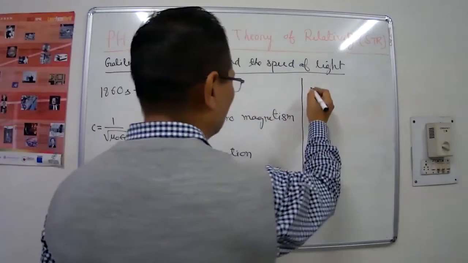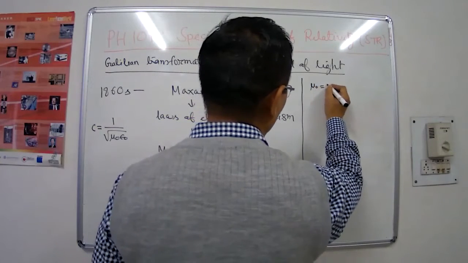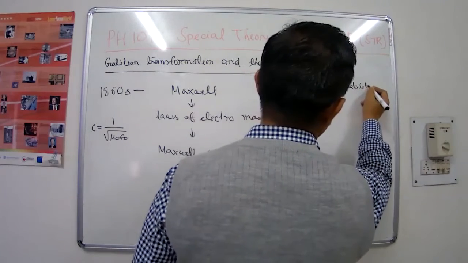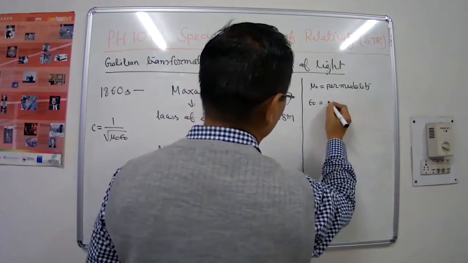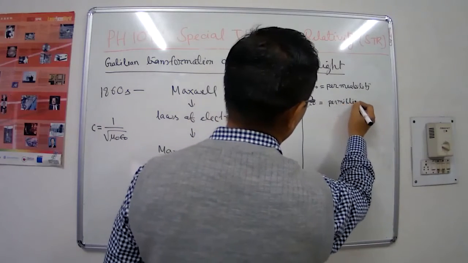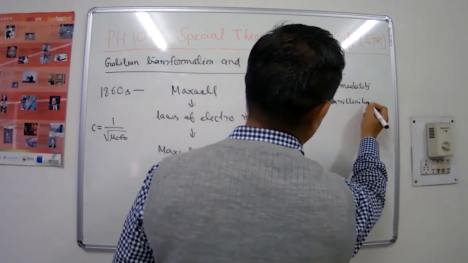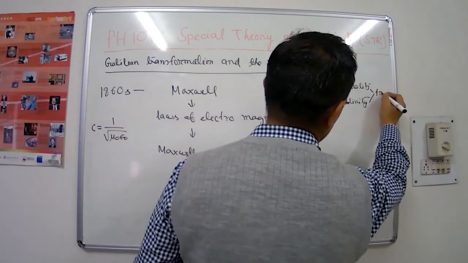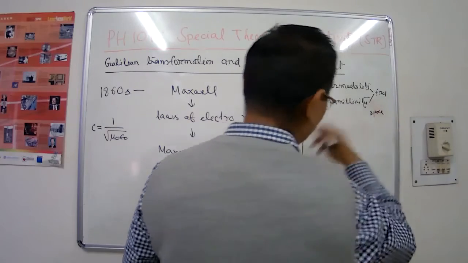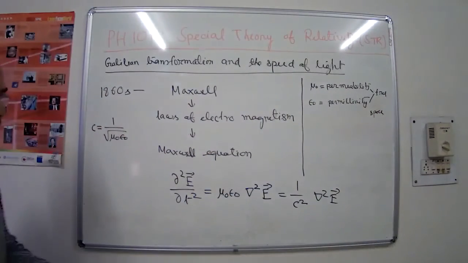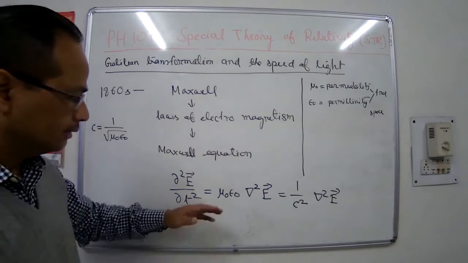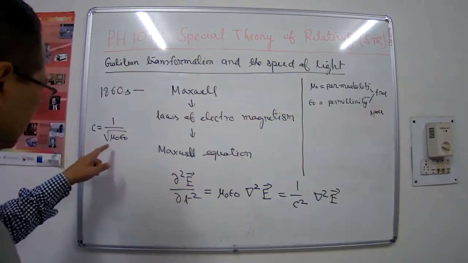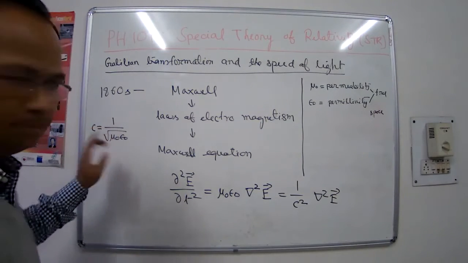In case you do not know, mu naught is the permeability and epsilon naught is the permittivity of free space. The formula also holds for some other medium where the permeability and permittivity are different: in a medium where the permeability is mu and permittivity is epsilon, the velocity of light will be 1 upon square root of mu epsilon.